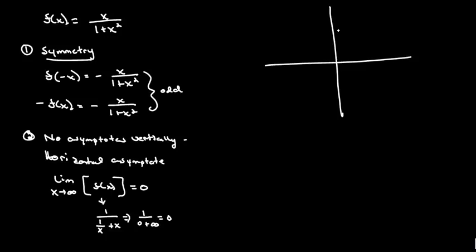So as we approach out in this direction, we go towards 0. Now the question is, do we come from the top or the bottom? Well, way out here, my numerator is positive, my denominator is positive, so I must be coming in from the top.